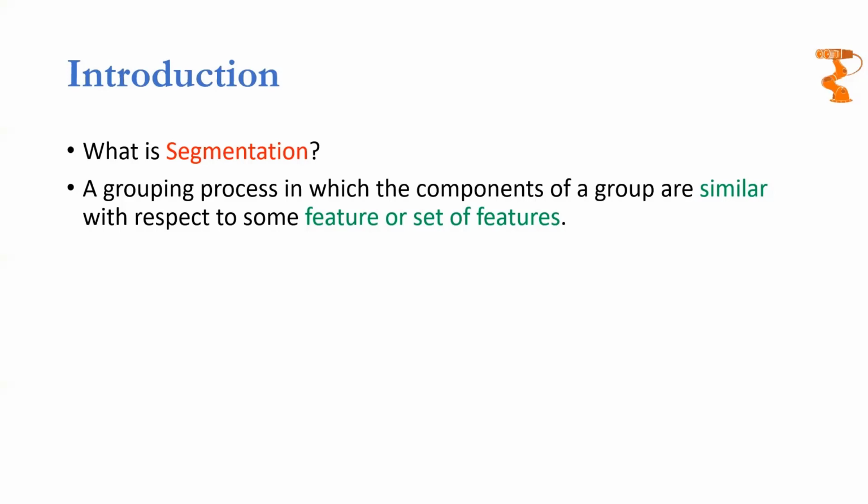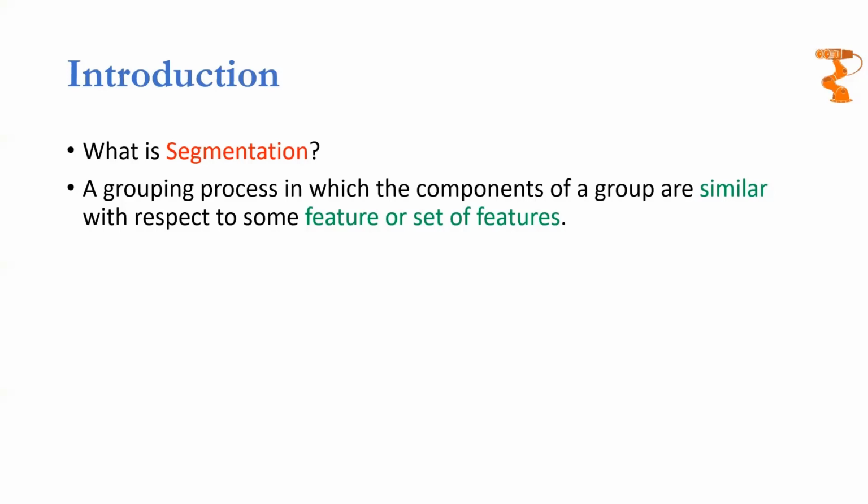The other feature which I can use is, for example, height. I can say that all the students who are taller than 5'9", they stand on one side and all the others should stand on the other side. Now I'll have two groups, and what will be the similarity in the students belonging to one particular group?